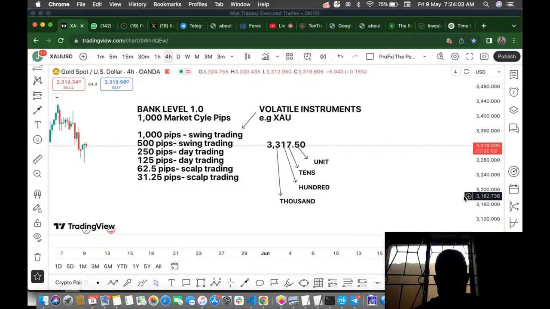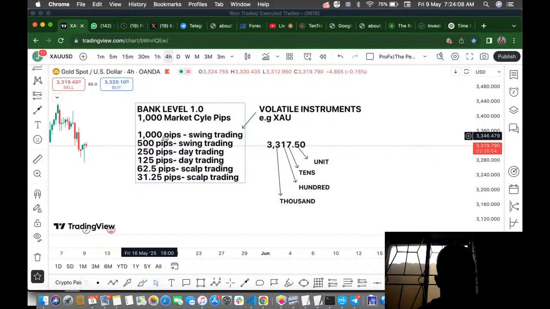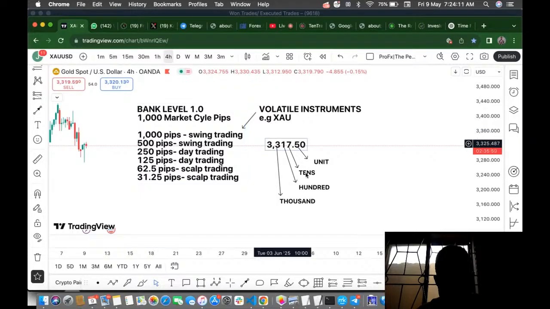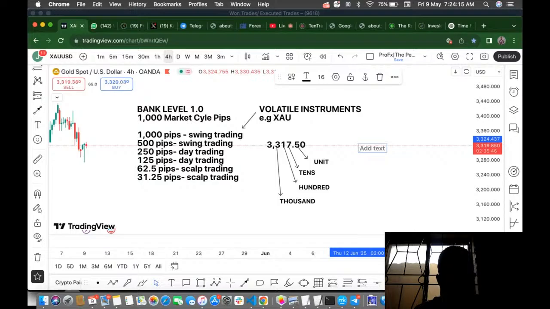If I know that I have what is called a 1,000 pip, how do I align it to price level? Do you agree with me that the price of 3,300 is a 1,000 bank level? Why? Because in this case, the place value of 3 here is 1,000, right? So this is giving me 1,000.